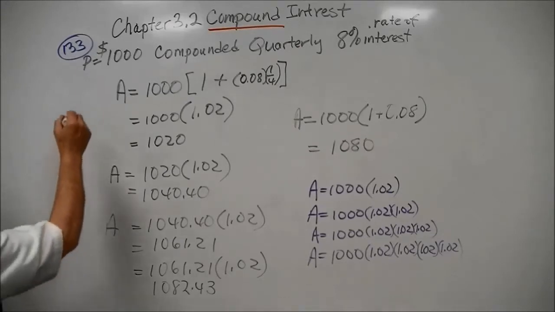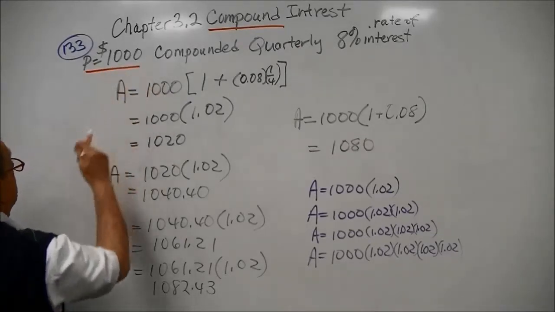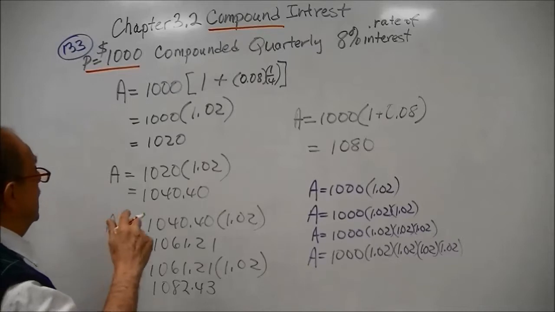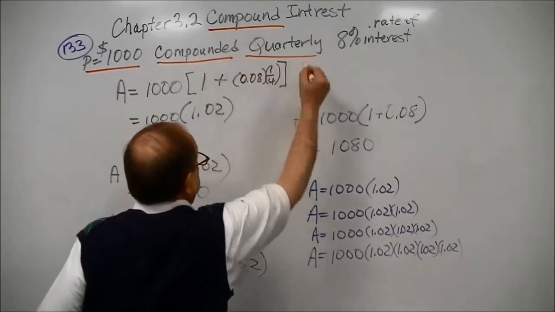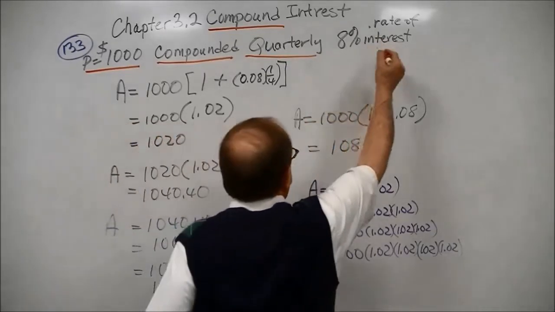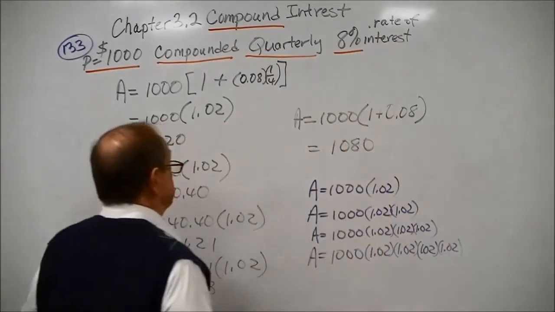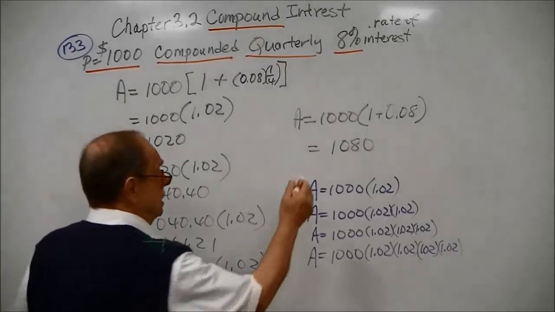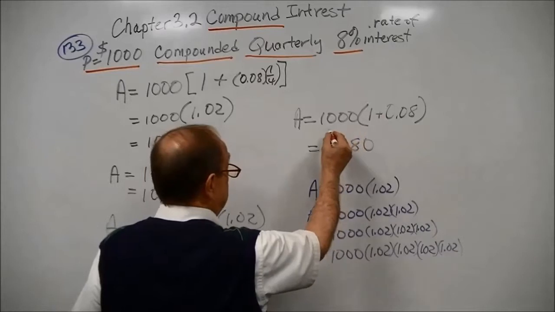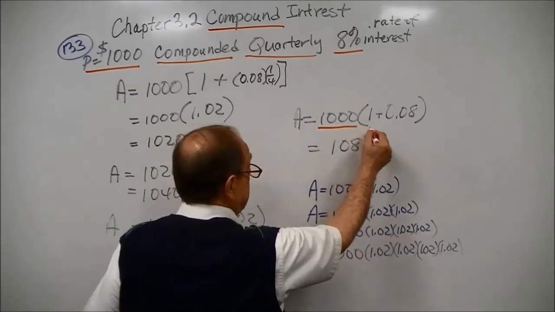So let's say we have a principal of $1,000, and this interest is going to be compounded quarterly at a rate of interest of 8%. Now, if this were simple interest, we'd use that formula we had before. There's our principal.